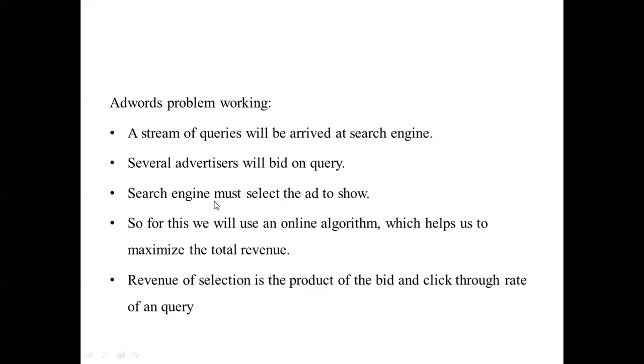When ads are shown on websites, how many users open the ads is nothing but click-through rate. The marketers pay according to the cost per click, and it will increase the revenue. So the revenue of a selection is the product of the bid and the click-through rate of a query.